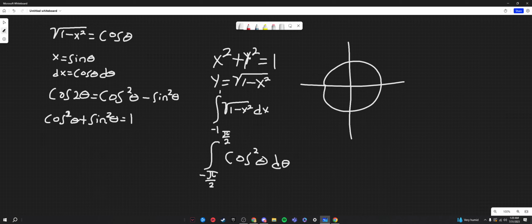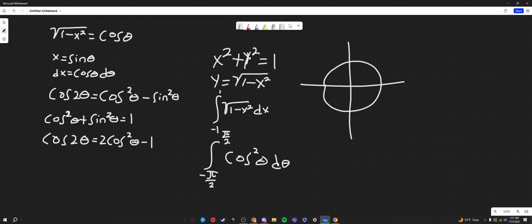From here, we rearrange our second identity to solve for sine squared theta. That gets us 1 minus cosine squared theta equals sine squared theta, in which we can substitute into our top identity. Simplifying a little bit of algebra, we get cosine of 2 theta is equal to 2 cosine squared theta minus 1.